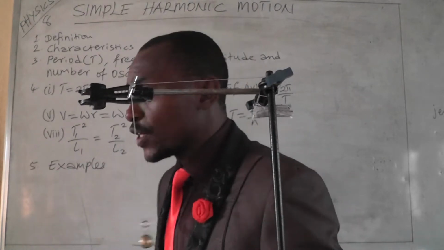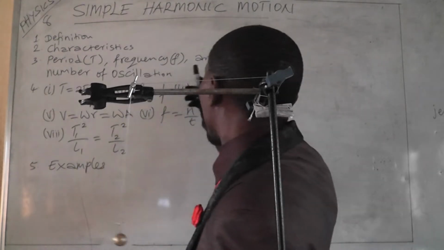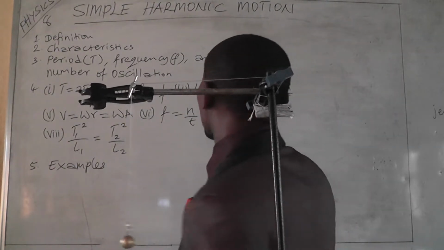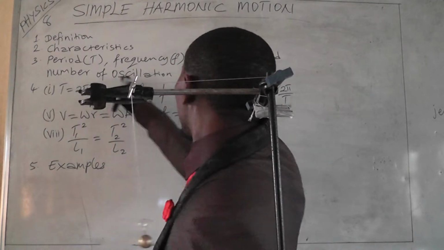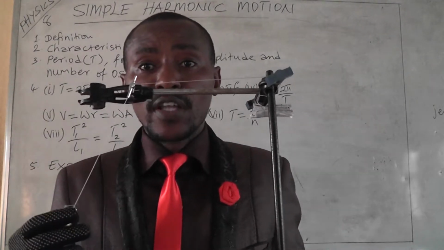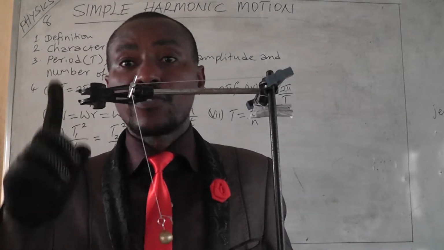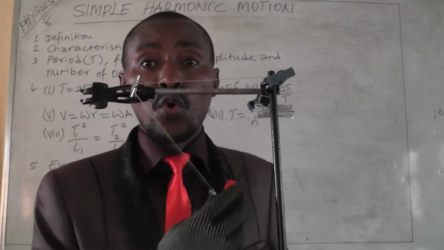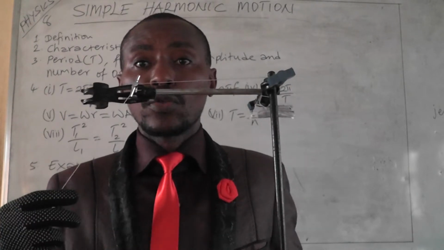In this case, let's take note. We are mentioning oscillation, which means the number of oscillations. When it moves to and fro, you have one oscillation. When it moves to and fro again, 2 oscillations.